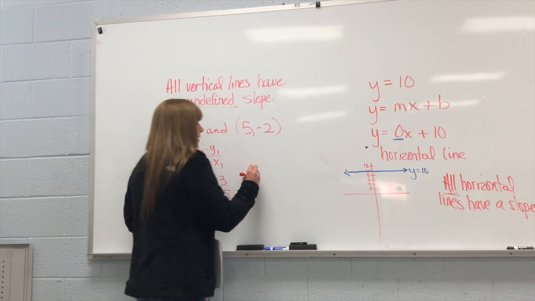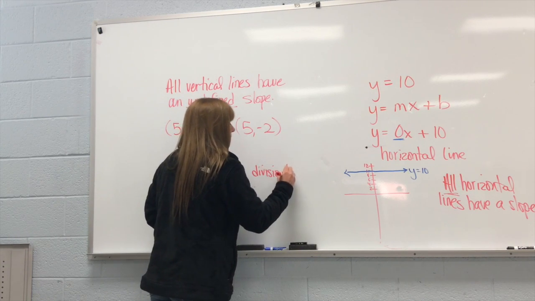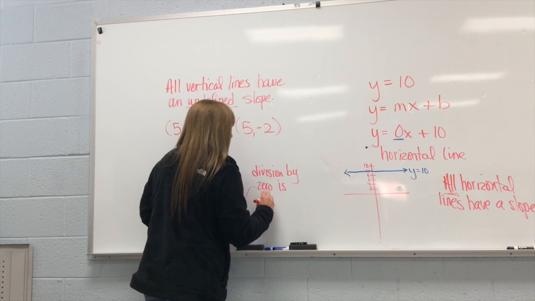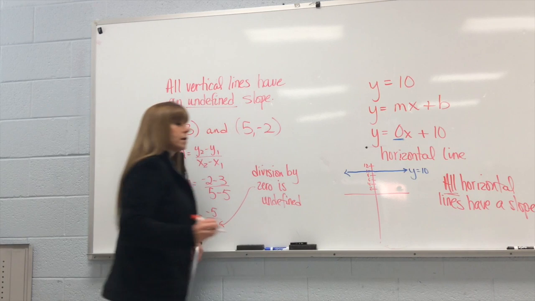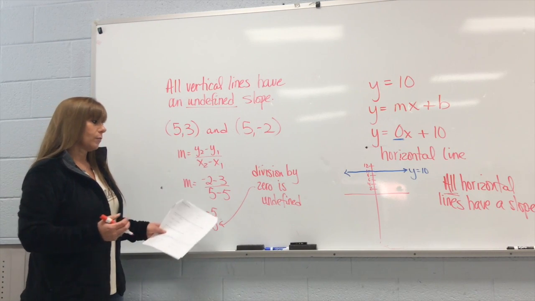We cannot divide by 0. Division by 0 is undefined. It's impossible. So, all vertical lines have an undefined slope.